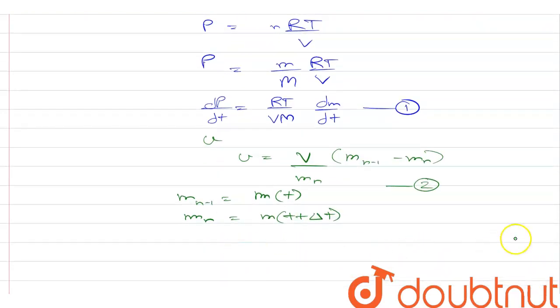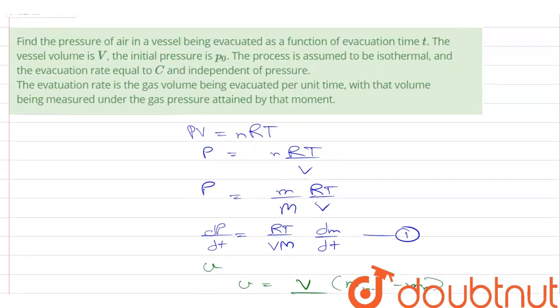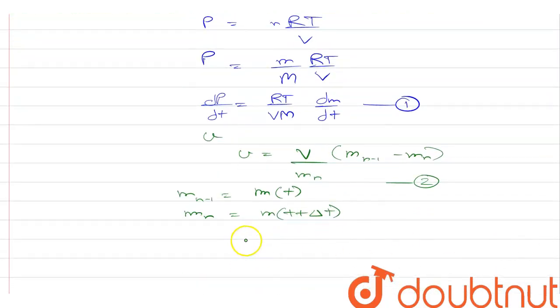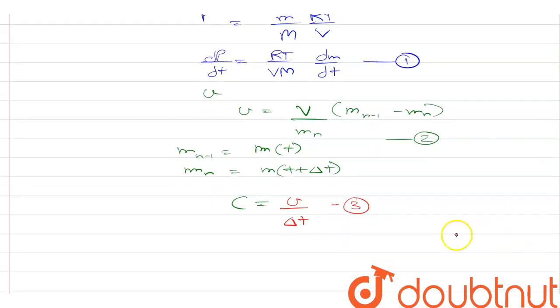Now, as given, the evacuation rate is equal to C. So the evacuation rate can be written as C is equal to U upon some time delta t. This is equation number 3. Now let's substitute the value of U into equation 3. So 1 upon delta t. For U, I will have to write V, and I'm replacing M n by M at t plus delta t.